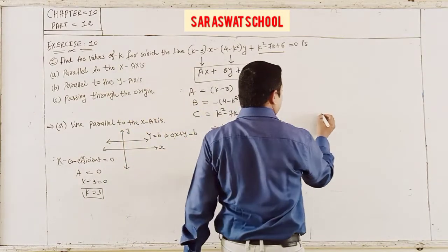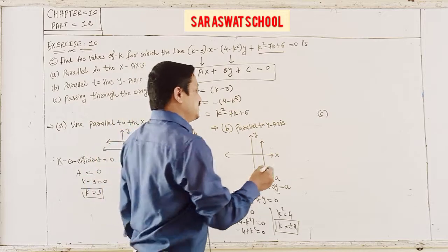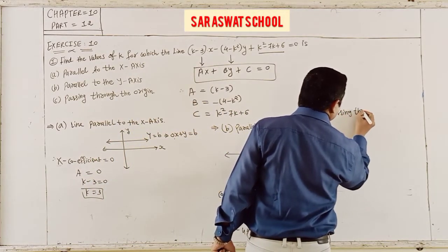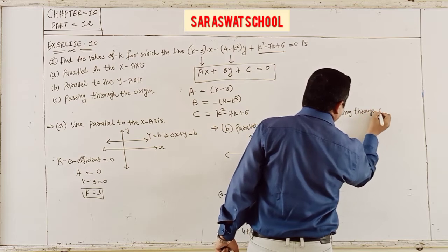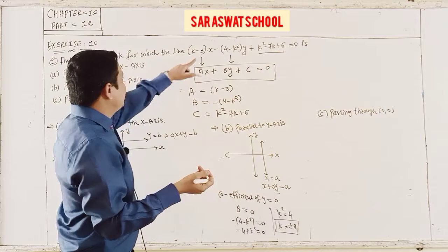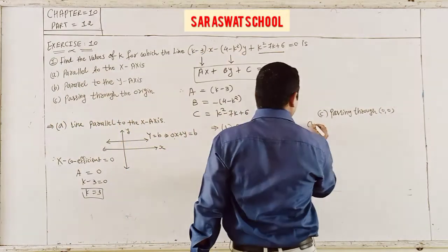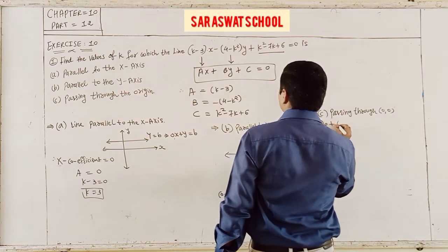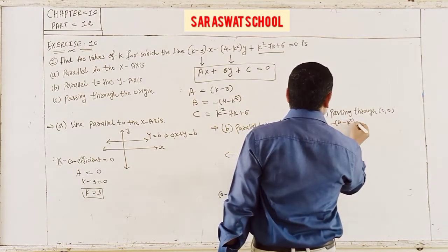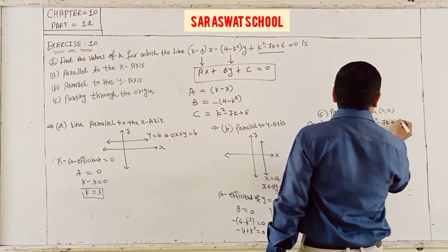Now the third, passing through the origin. Correct? Passing through the origin means you can apply x equal 0, y equal 0. So students, your data is (k minus 3) times 0, minus (4 minus k square) times 0, and k square minus 7k plus 6 equals 0.